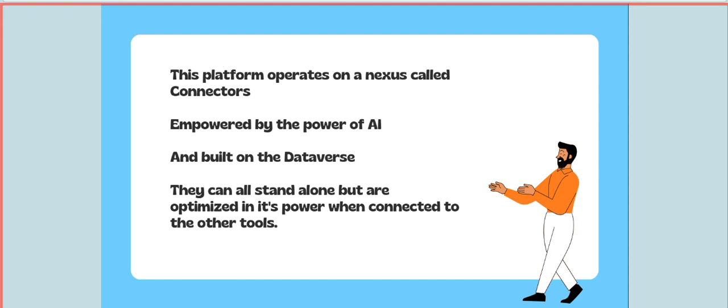So the platform connect, very important. What makes your use of Microsoft Power Platform a superpower, let me call it that, is what we call connectors. Connectors basically link one part of Microsoft Power Platform to the other, one tool to the other, and also to other external tools, tools within Microsoft 365 and also tools outside Microsoft 365.